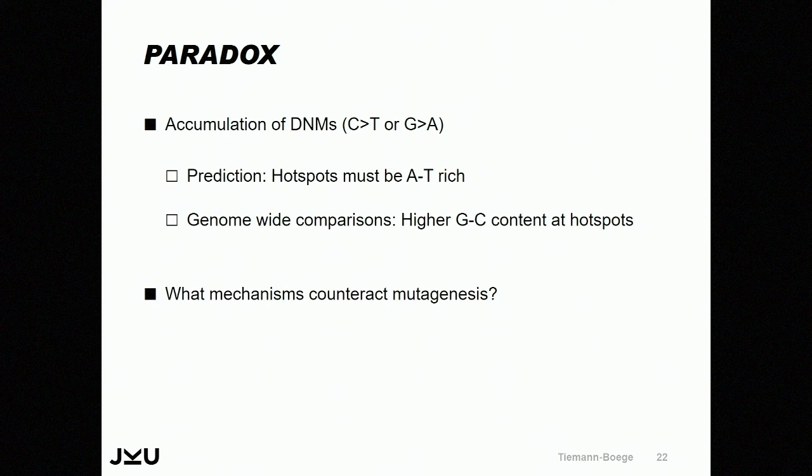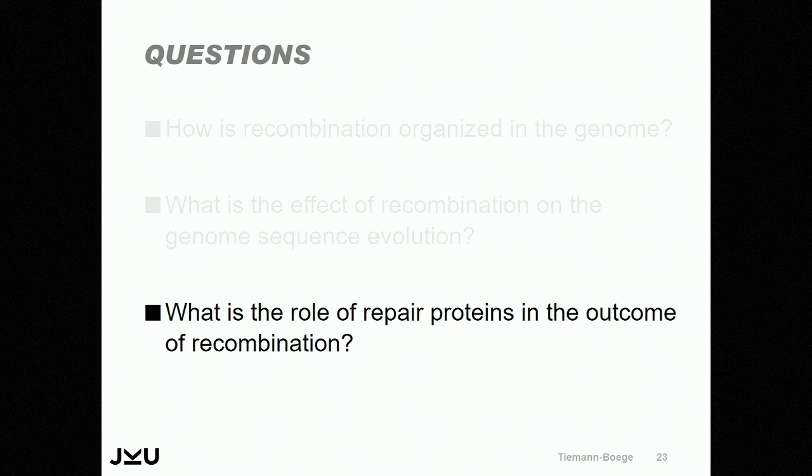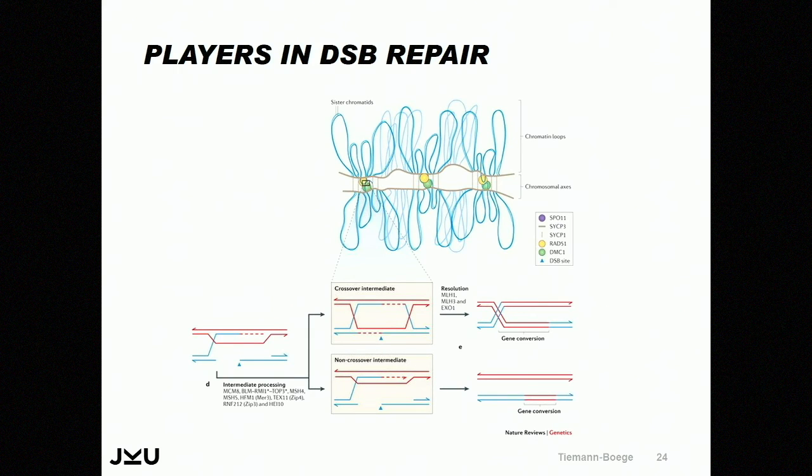So this is something that we looked at further, and we now come to our next question that we're trying to ask, and that is, what's the role of repair proteins in the recombination outcome? So this is another view of what's happening downstream of the double-strand break repair.